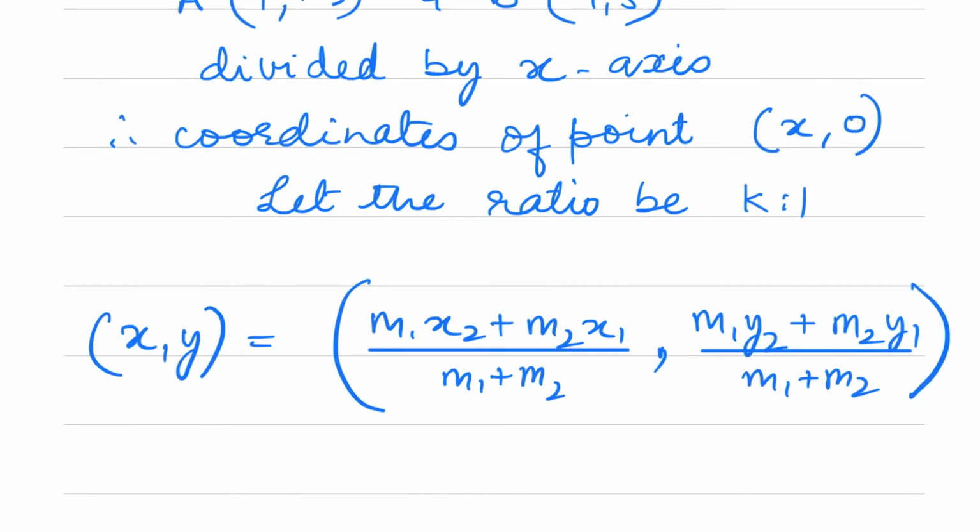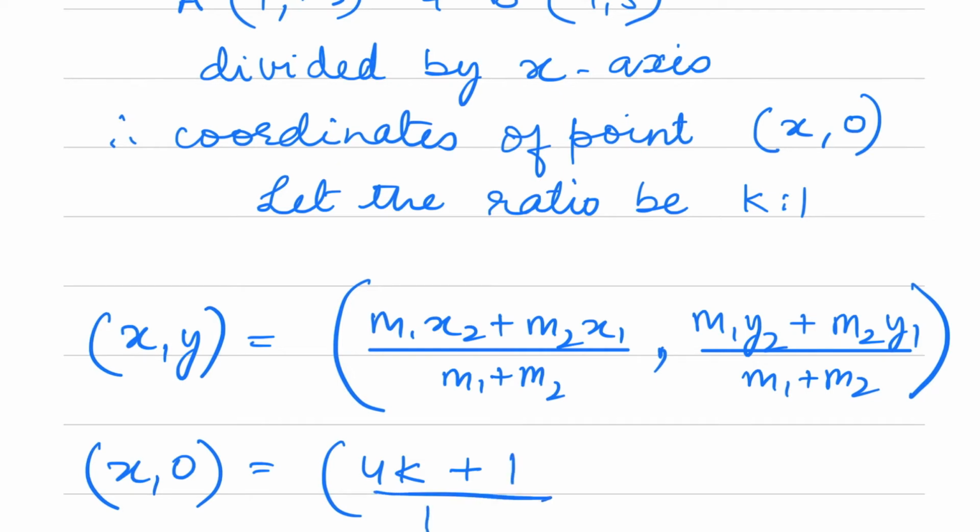Let's substitute the values. So the point of division is x and 0, and this is equal to 4k plus, m2 is 1 and x1 is 1, so this divided by k plus 1. So (5k plus 1 into minus 3) divided by k plus 1.